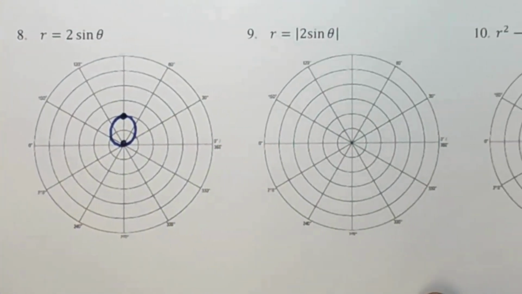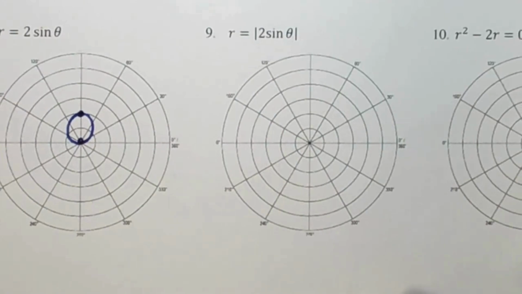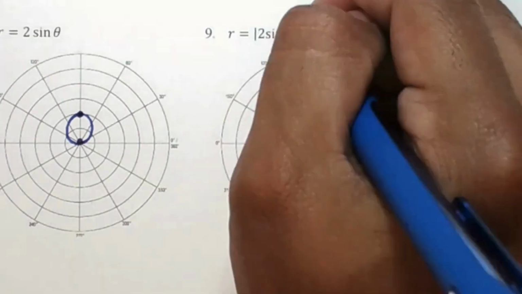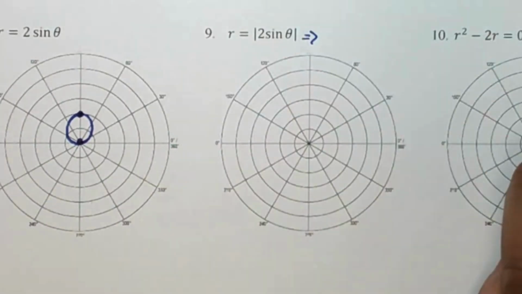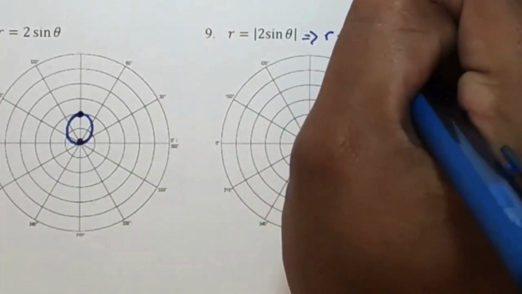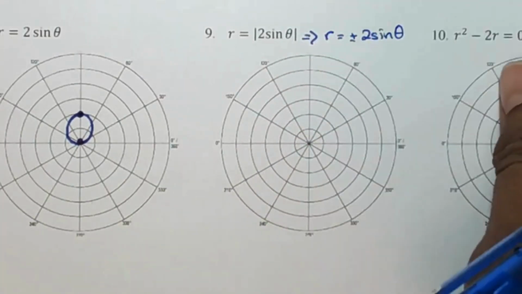What if we put some absolute values in front of it? Well, you can kind of think about it like this: if I ask you that the absolute value of x equals 2, then you could say that, oh, well, x could be 2 or negative 2. So I'm going to do the same thing here. In order to take away these absolute values, I'm going to put a plus or minus in front of that trig function.